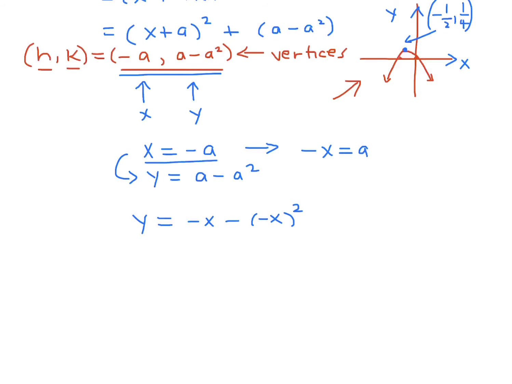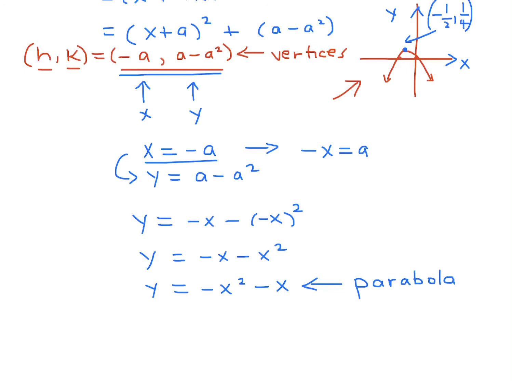And that's how I was able to substitute it in. So this equals -x minus x squared. Or you can rearrange it, -x squared minus x. And this is a parabola.